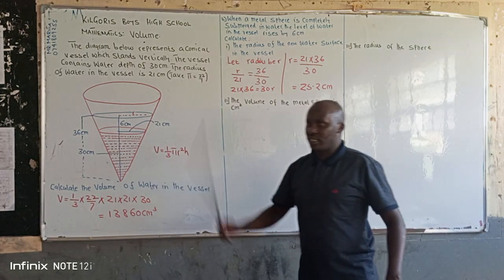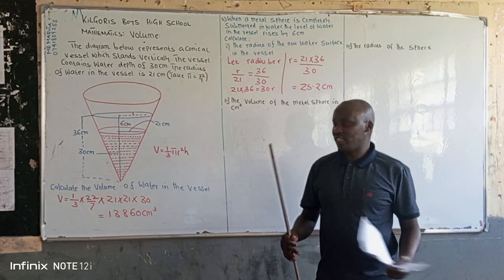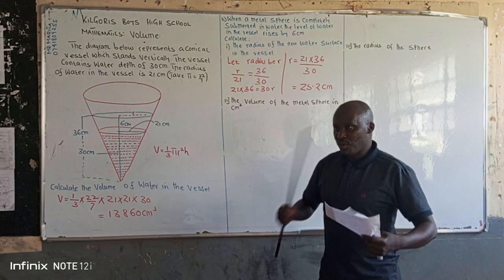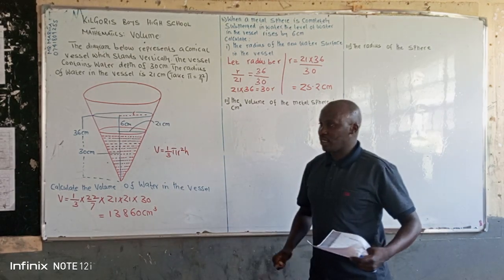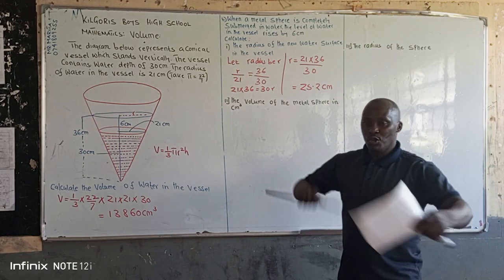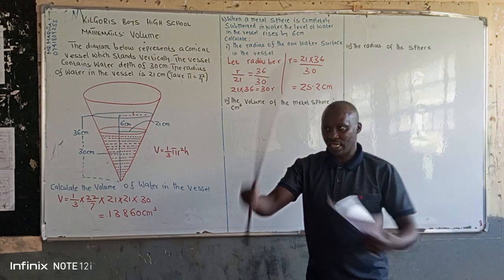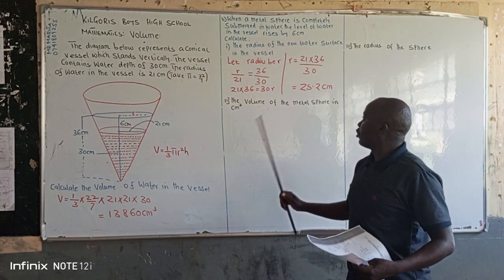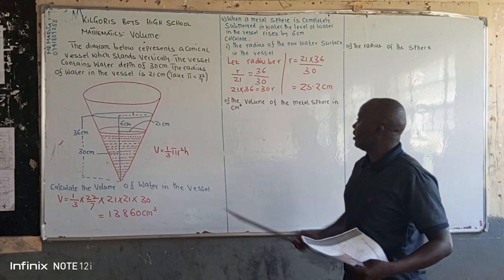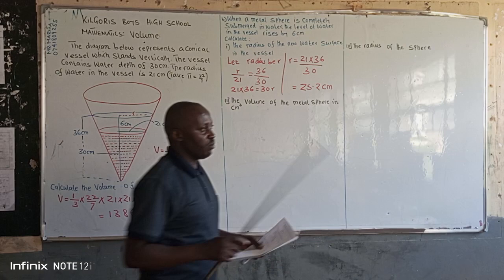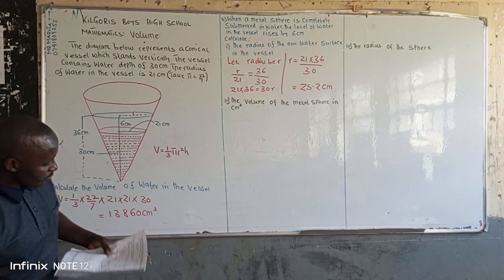We don't know that radius, so we let that radius be r. Then our smaller radius is 21 centimeters. Using the concept of similarity and enlargement, r all over 21 is equivalent to 36 all over 30. Then you solve for r. r is equivalent to 25.2 centimeters.